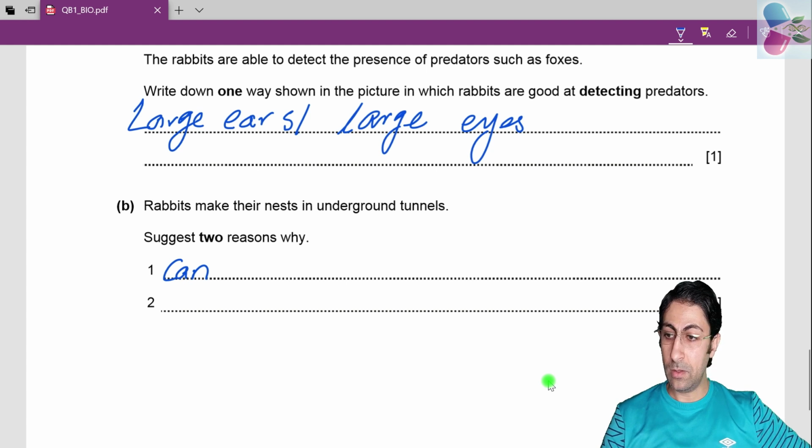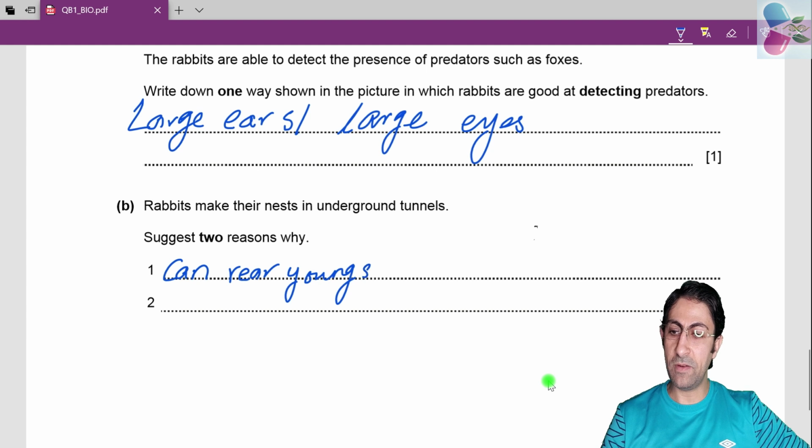Also you can say the young are kept warm.